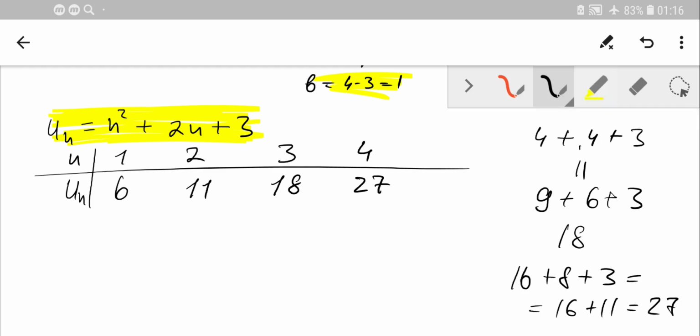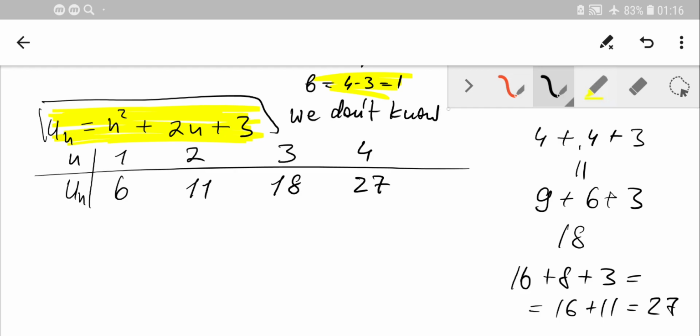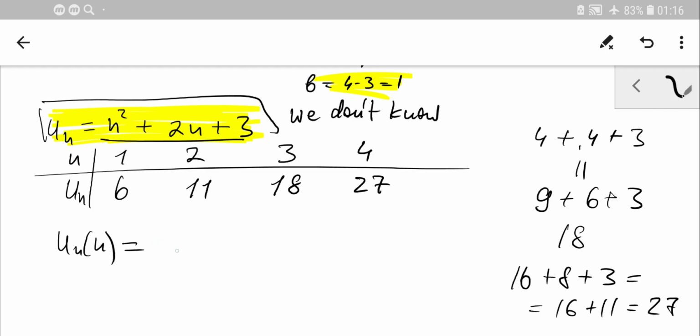And now let's pretend that we have no idea about the formula. So pretend that we don't know. We want to figure out the way how un depends on n. According to this sequence, and this is a quadratic one, it depends in the quadratic way. So generally we can say that in general formula that will be a n squared plus b n plus c.